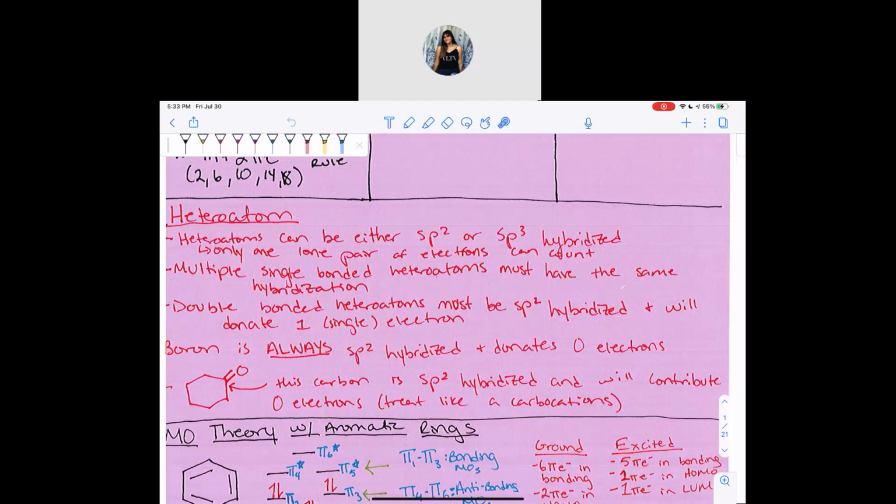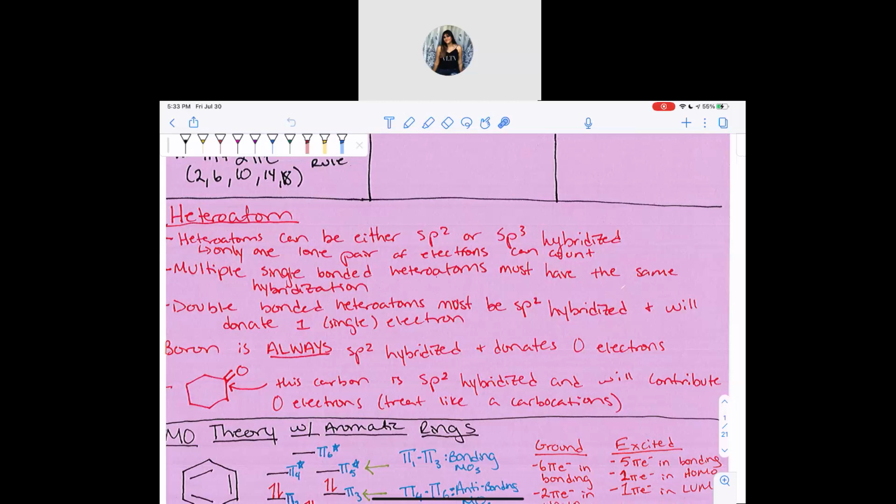If he draws both pairs out for you, that's just to trick you. If that heteroatom is double bonded, it has to be sp2. You don't have a choice. Double bond always means sp2. And if it's double bonded, it only donates 1 single electron.